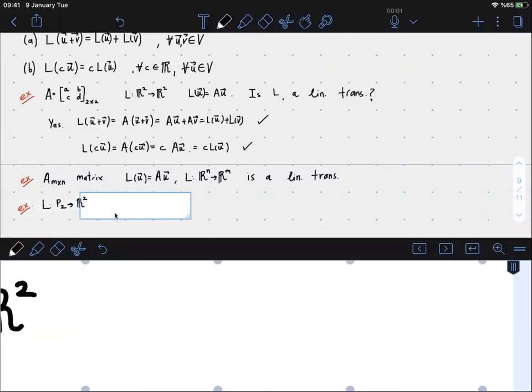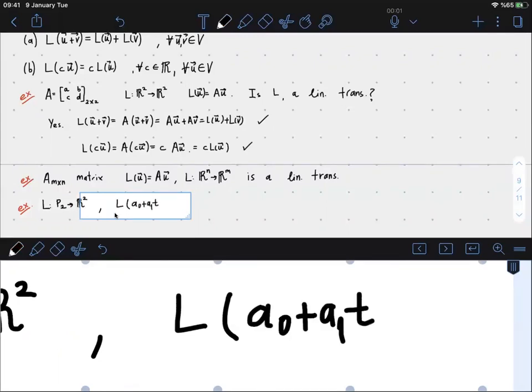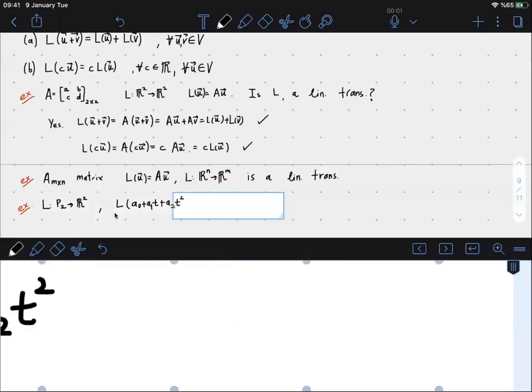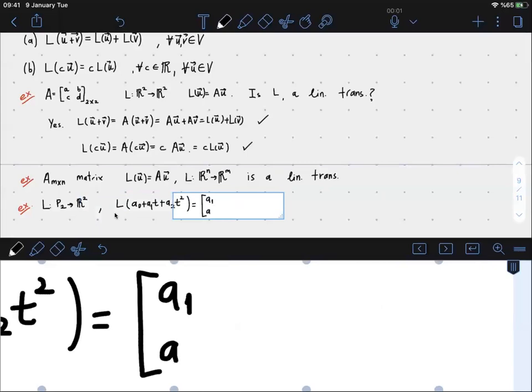So let's define it in this way. It takes a polynomial A0 plus A1t plus A2t squared, and it sends it to a 2-vector, which is A1 and A0 plus A2.